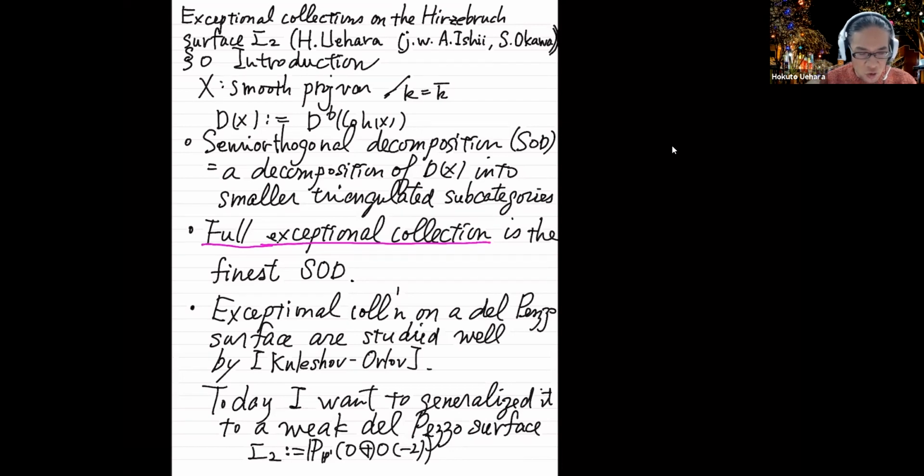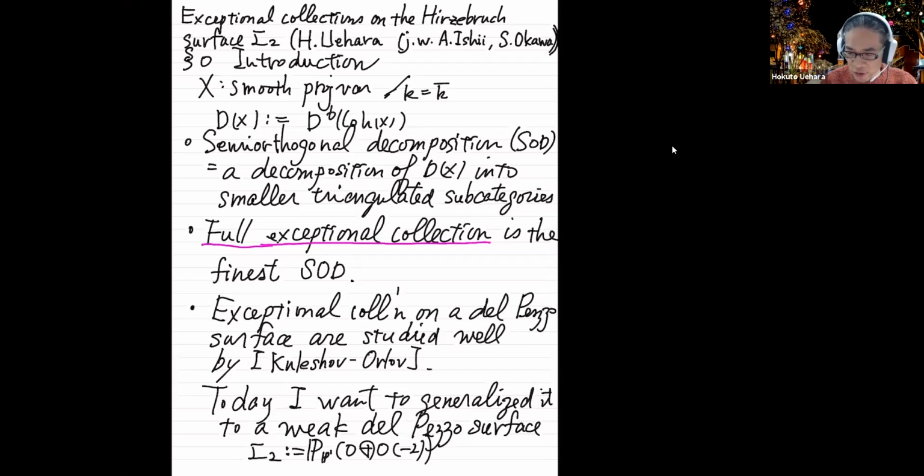So in my talk, varieties are always smooth projective over the complex number field, and D^b X always means the bounded derived category of coherent sheaves.